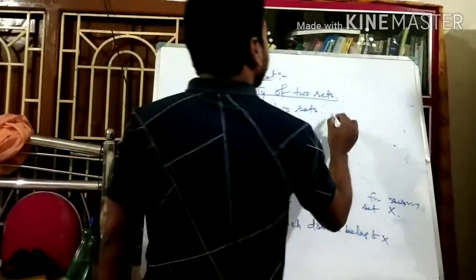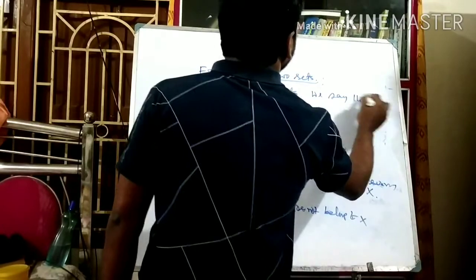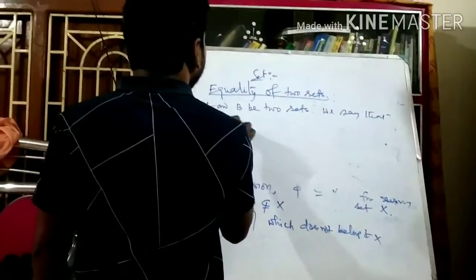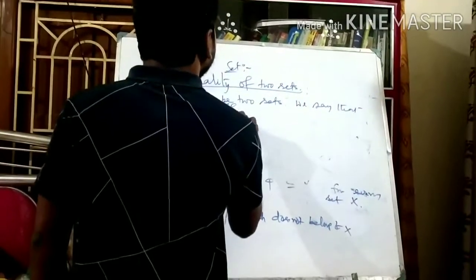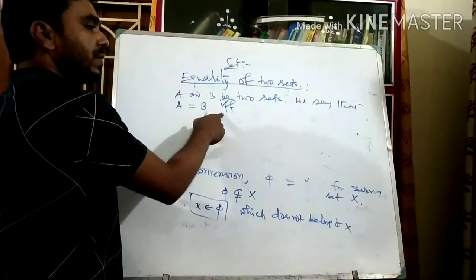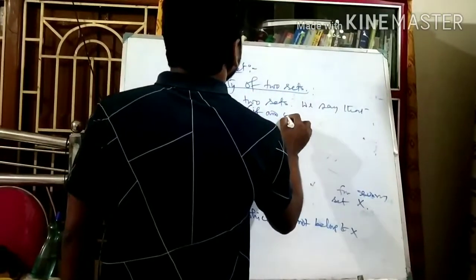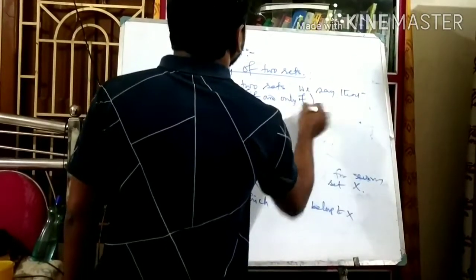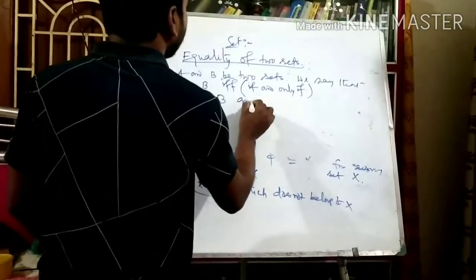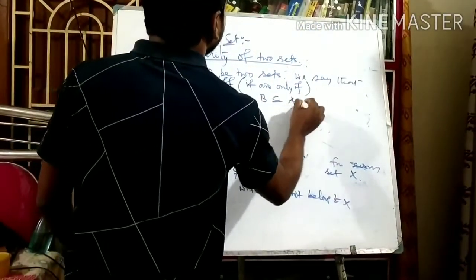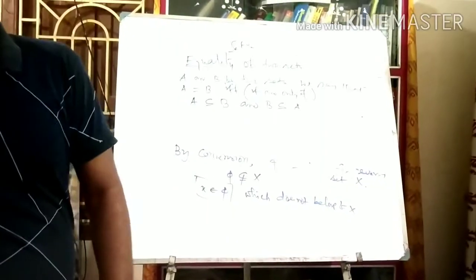We say that A is equal to B if and only if, this notation stands for if and only if, A is a subset of B and B is a subset of A. Then we can say that A is exactly equal to the set B.